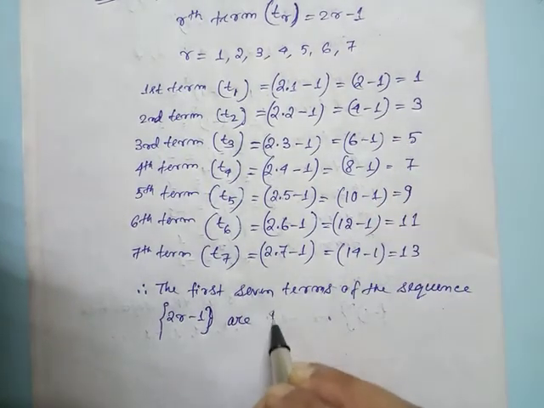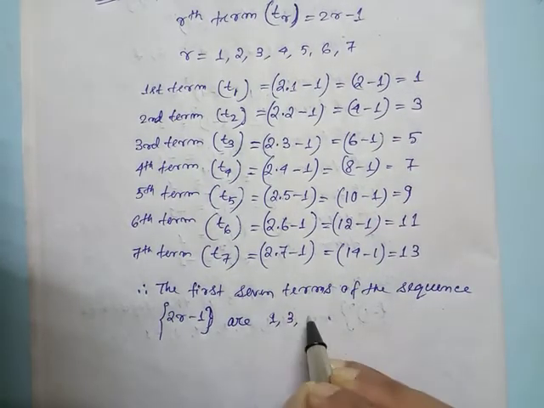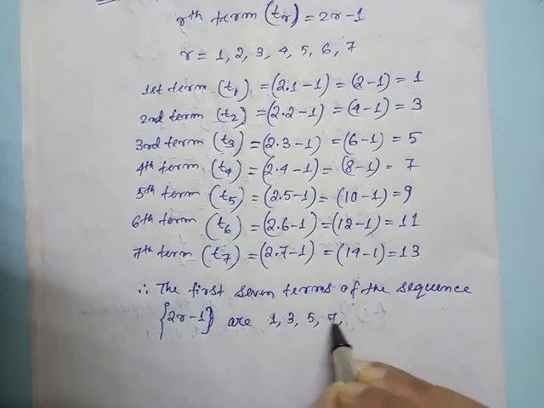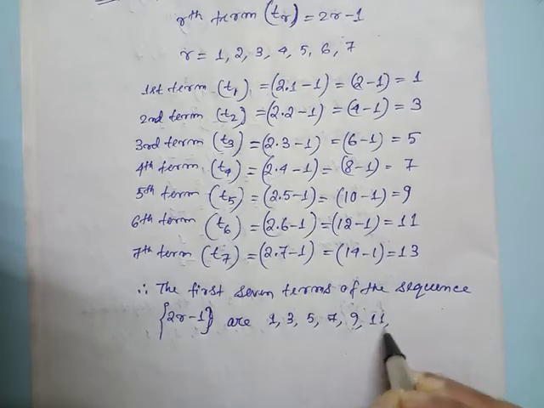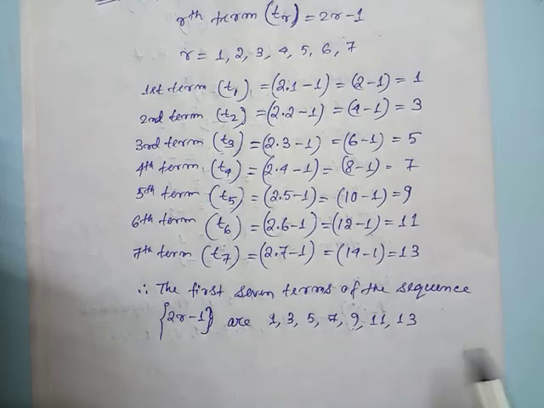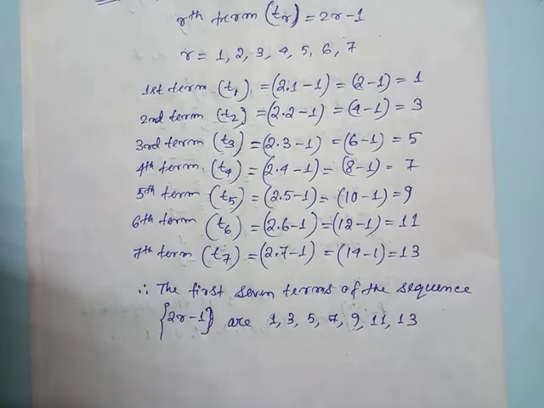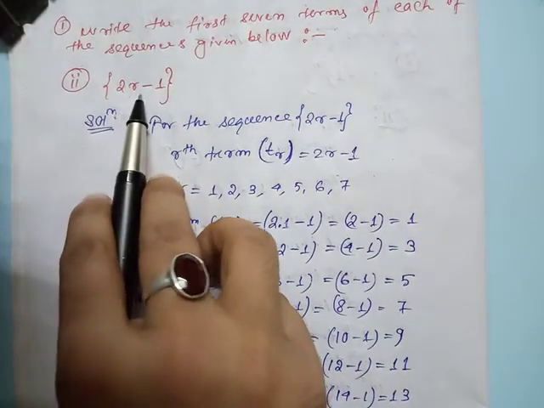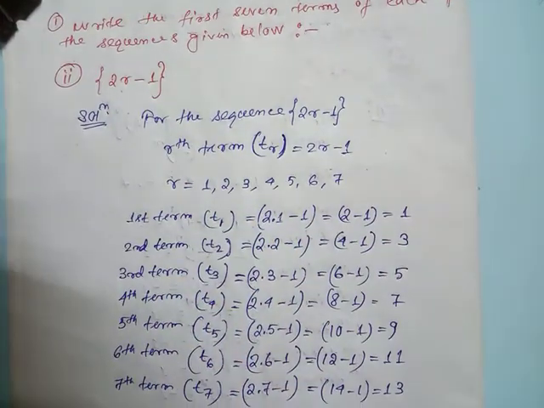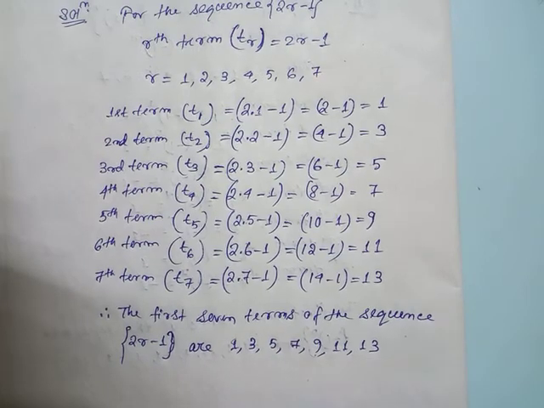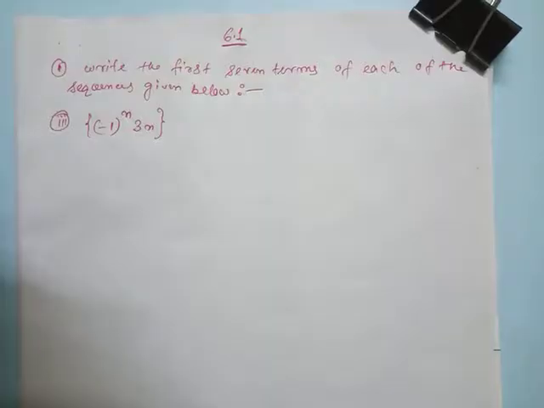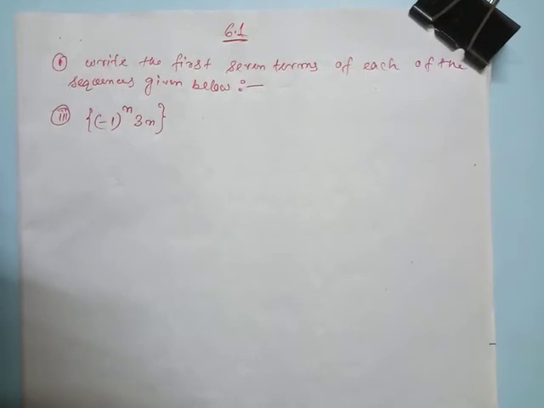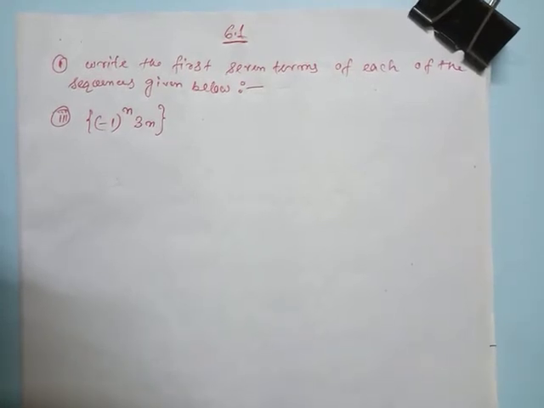First one is 1, then 3, then 5, 7, 9, 11, 13. This is question number Roman 2. I hope you understand. Look, 2r minus 1, all 7 terms are there, and this is the final answer. I hope you understand. Student, now 6.1, question number 1, Roman 3.